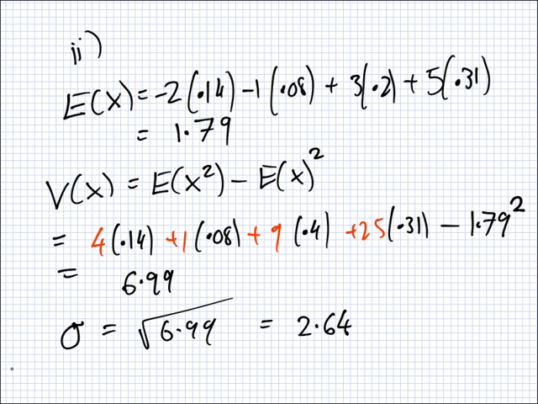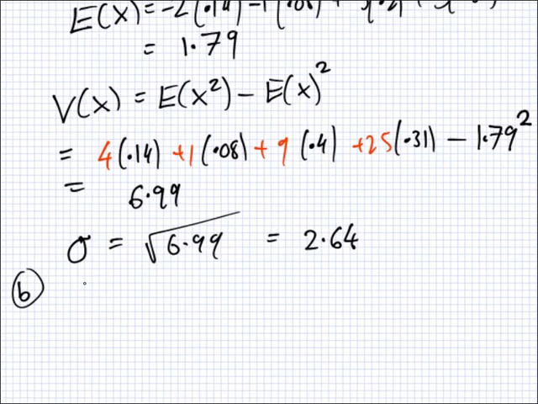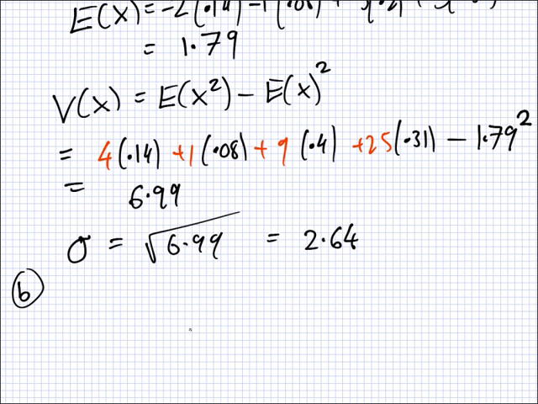Okay. B. 40% of people are over 180 centimeters. In a group of 20, what's the probability that there's 9 or fewer tall people?